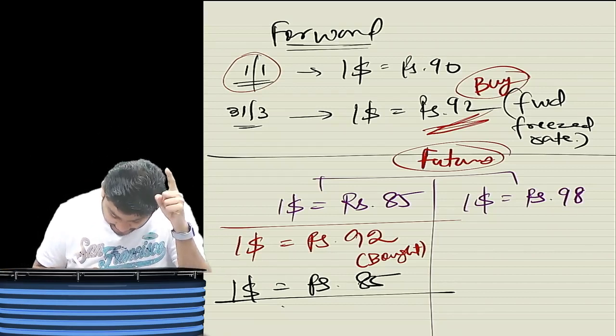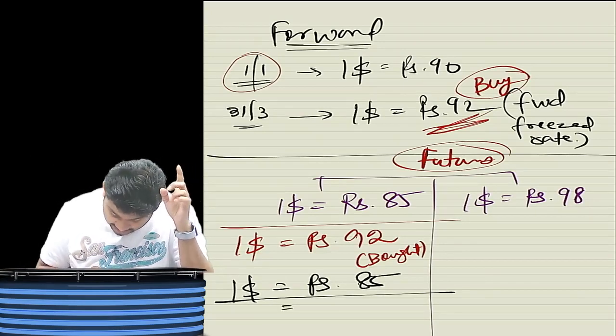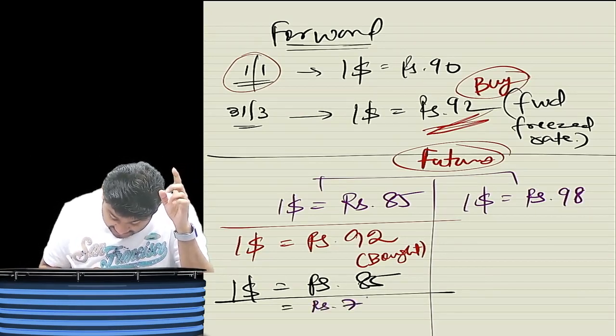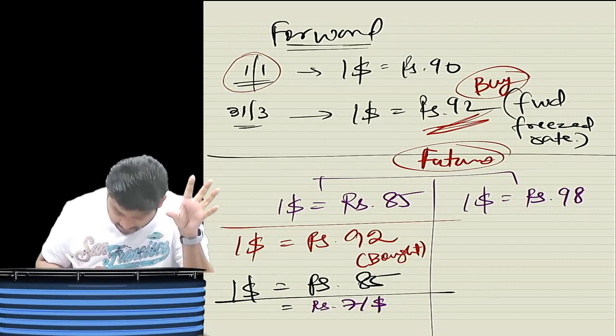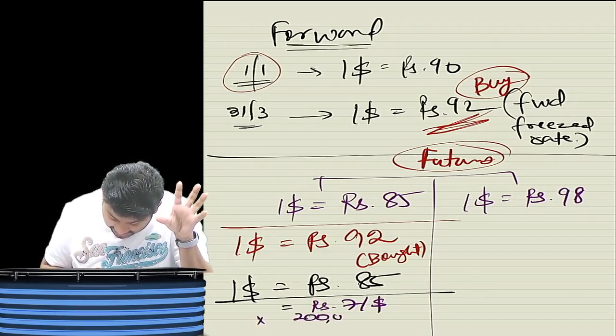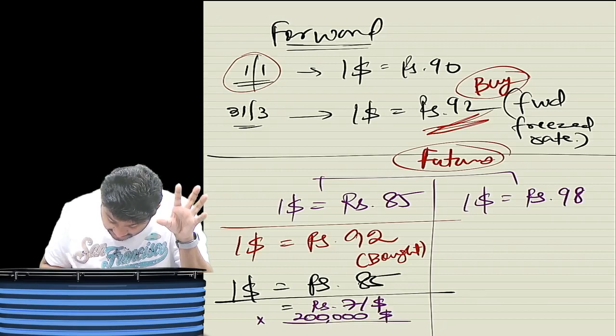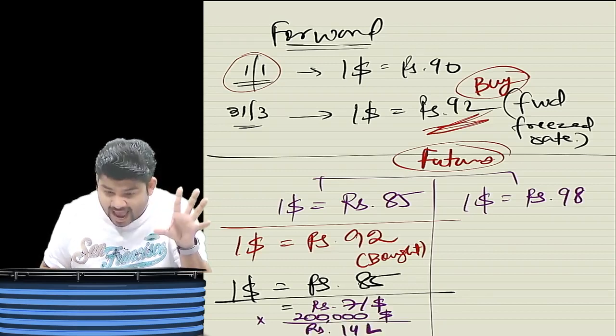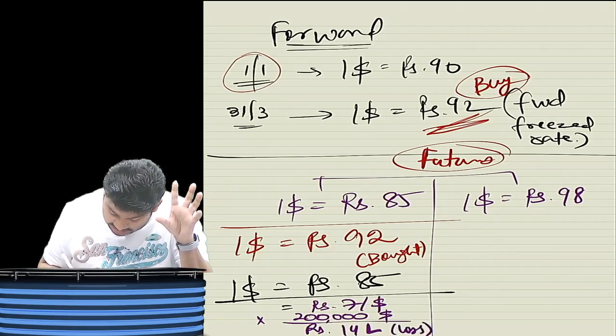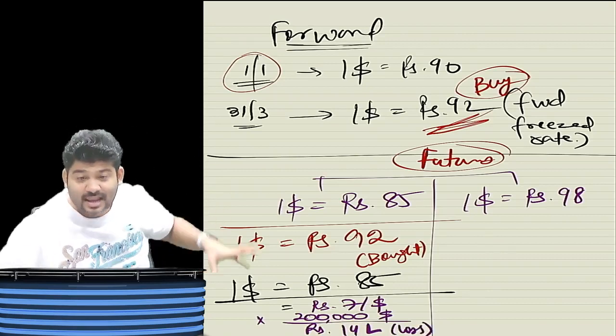You are losing rupees 7 per dollar. In all, there were 2 lakh dollars. You will make a loss of rupees 14 lakh, right?